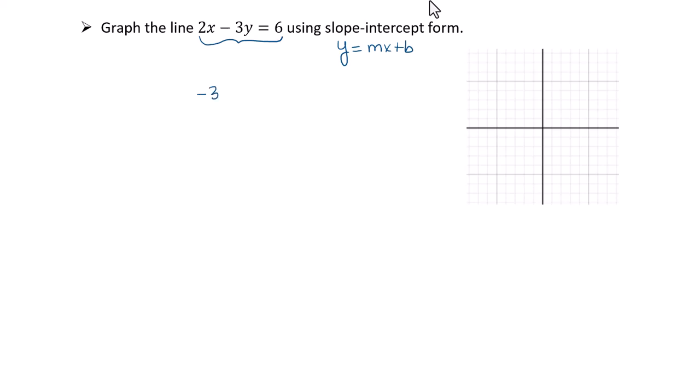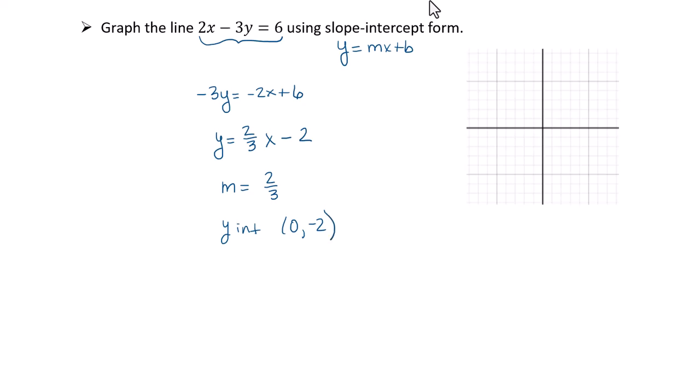That will give me -3y equals -2x plus 6. Then I'm dividing both sides by -3. That gives me y equals a positive 2/3 x minus 2. From this, I can tell that my slope is 2/3 and my y-intercept is (0, -2).